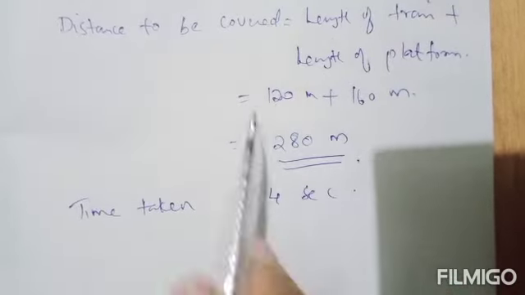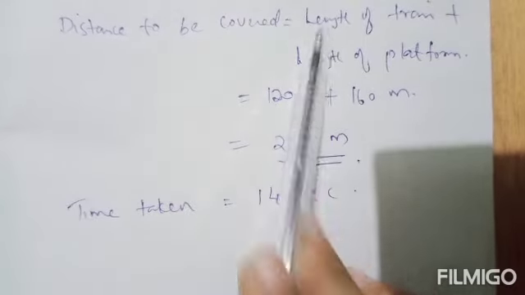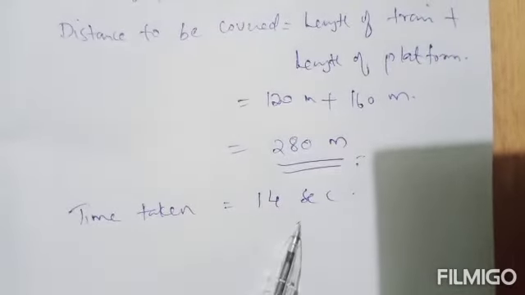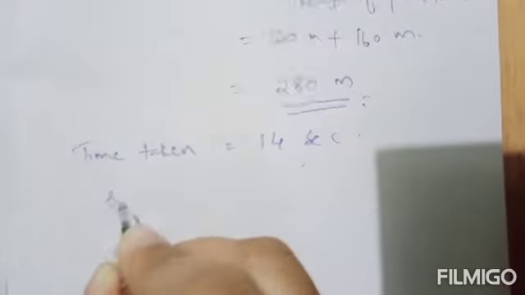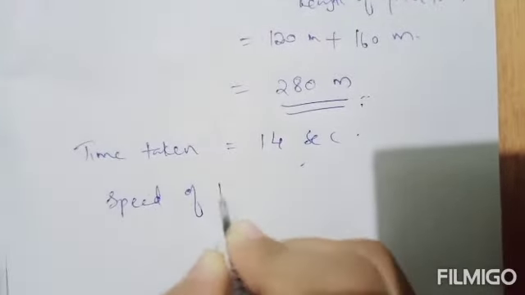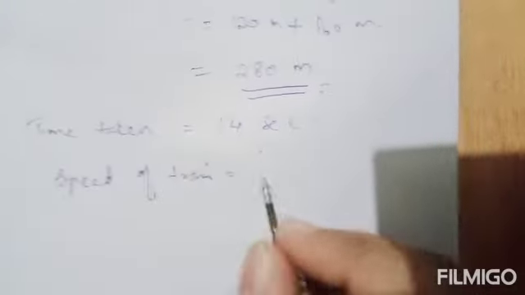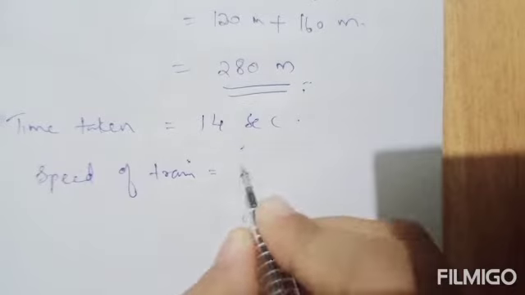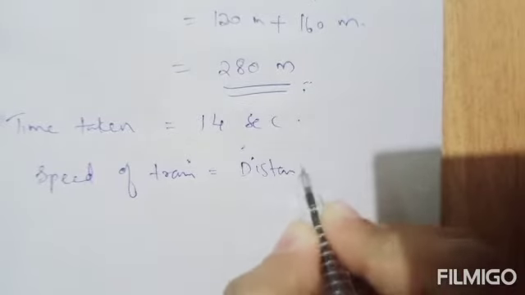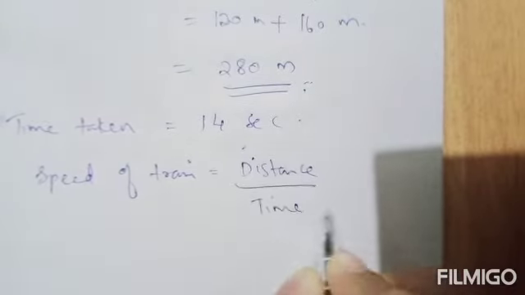Distance we got, time is also given, so you can find the speed of the train. Speed of the train is distance by time. This is the formula for finding speed.